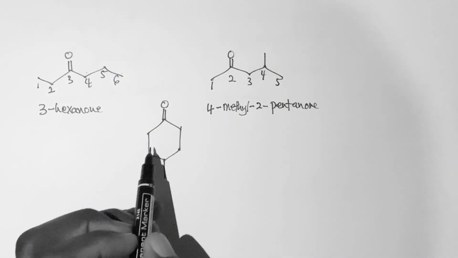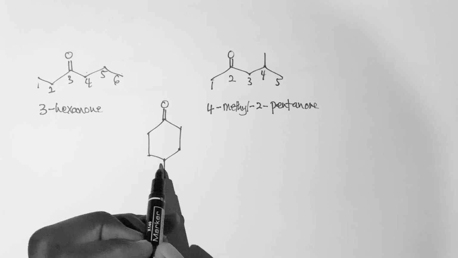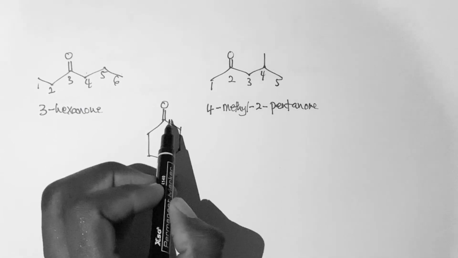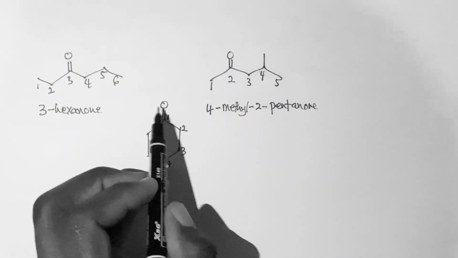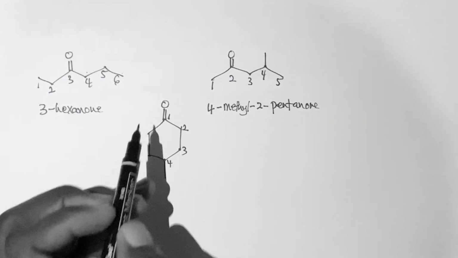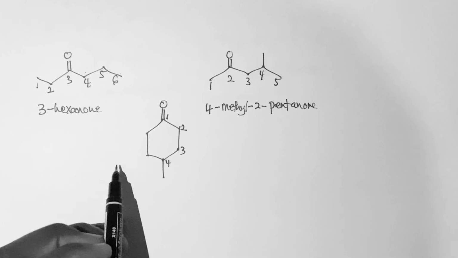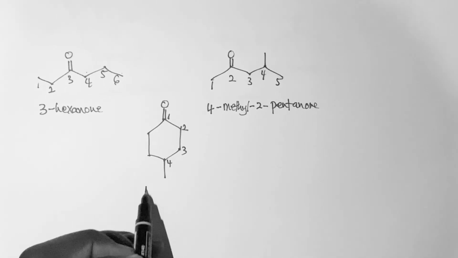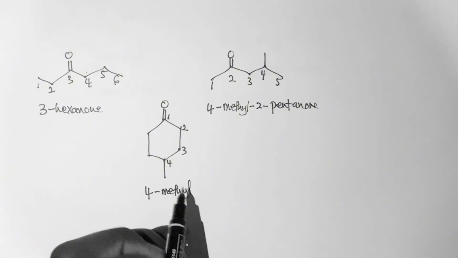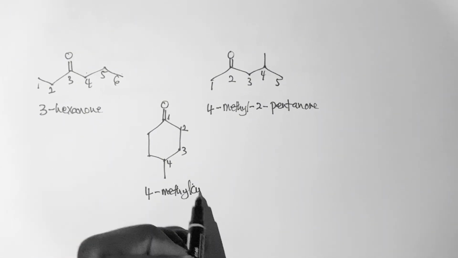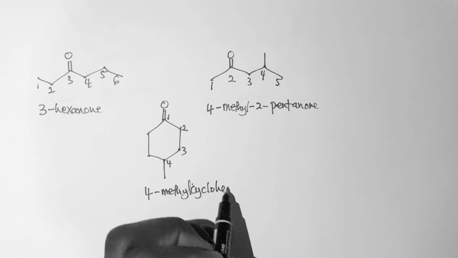See that this is a cyclohexane, but we have a 4-methyl. So this is 1, 2, 3, and 4. So 4-methyl. And then the carbonyl carbon is on carbon number 1. So in this case, this is 4-methylcyclohexanone.